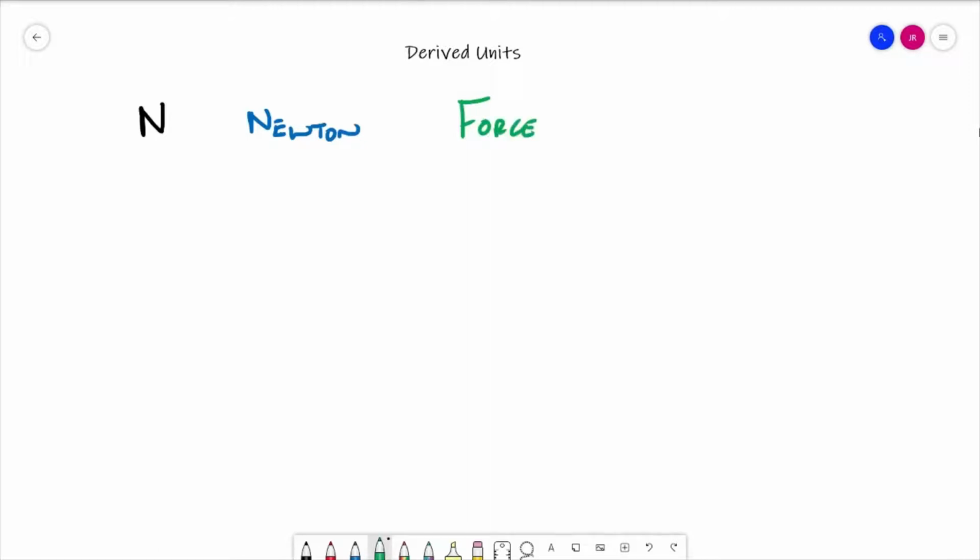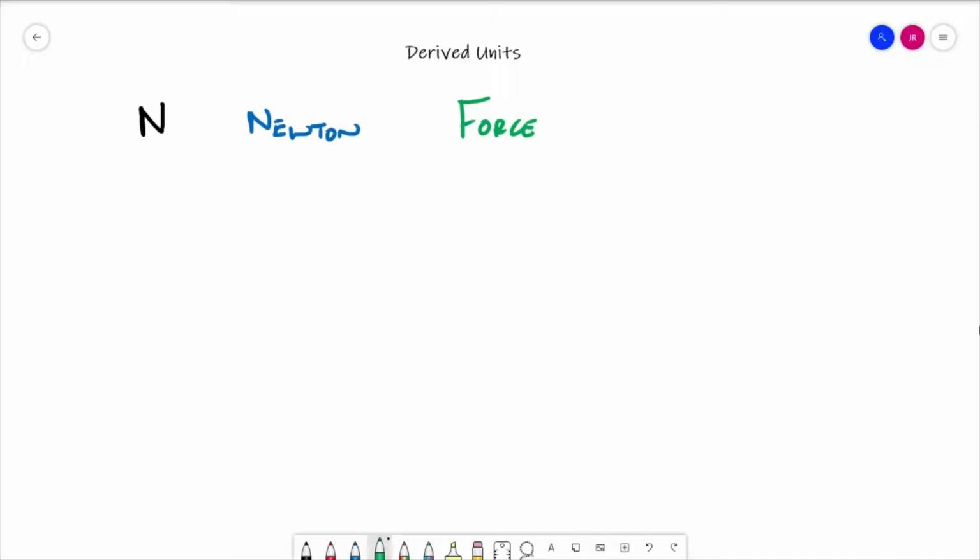You'll notice that we do have some units which are capitalised and some which are lowercased. In general, if they are capitalised, like the Newton, then they are named after a person, normally a historical scientist. So the Newton is capitalised because it's named after Sir Isaac Newton, who's basically the father of physics in a lot of ways.